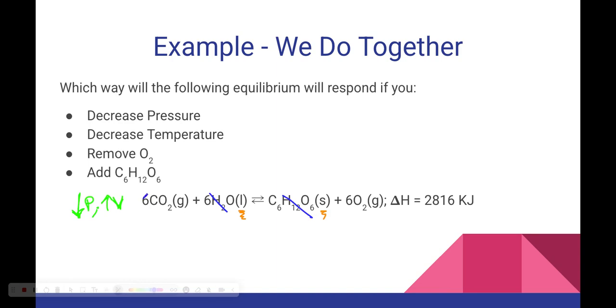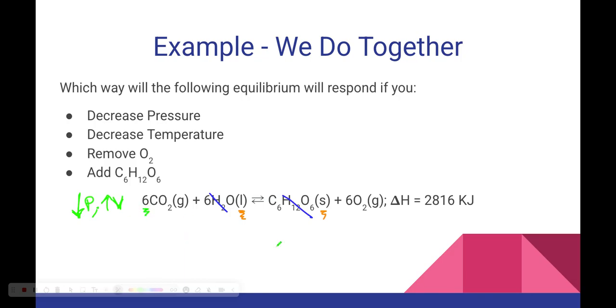So water's out of here and glucose is out of here because, again, liquids and solids do not affect the equilibrium, okay? So if I decrease pressure, we're looking to increase the volume, and if volume increases, we're going to shift the equilibrium to the side with more moles of a gas.